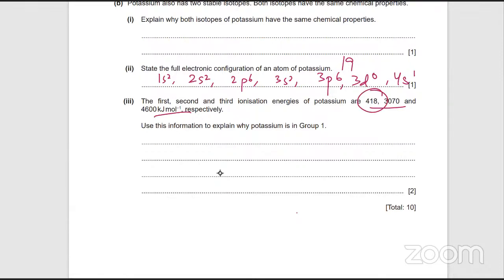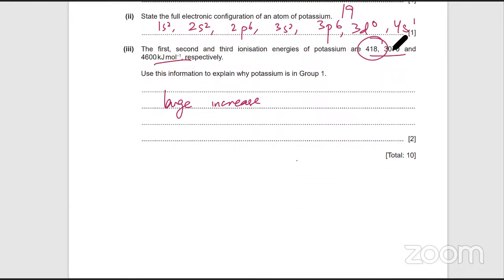There's a huge gap between the first and the second, a large increase in ionization energy, which indicates that the second electron is removed from an inner shell which is less shielded. So it's harder to remove that electron.